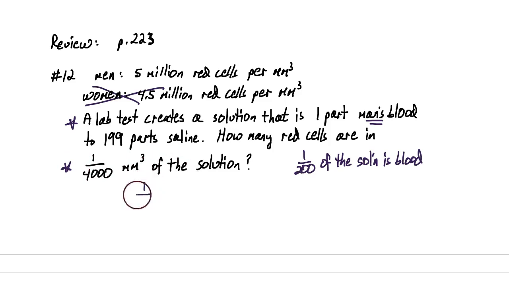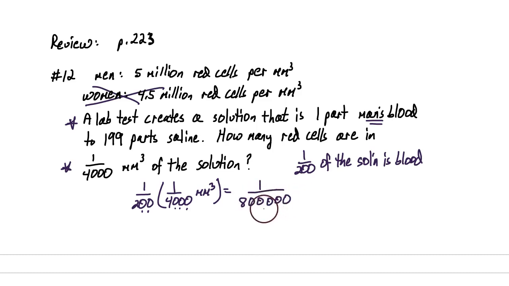Let's figure out what 1/200th of 1/4000th is. 1 times 1 is 1, 2 times 4 is 8, and then there's 2 zeros here and 3 more zeros here, 5 zeros. That's 1/800,000th millimeters cubed.